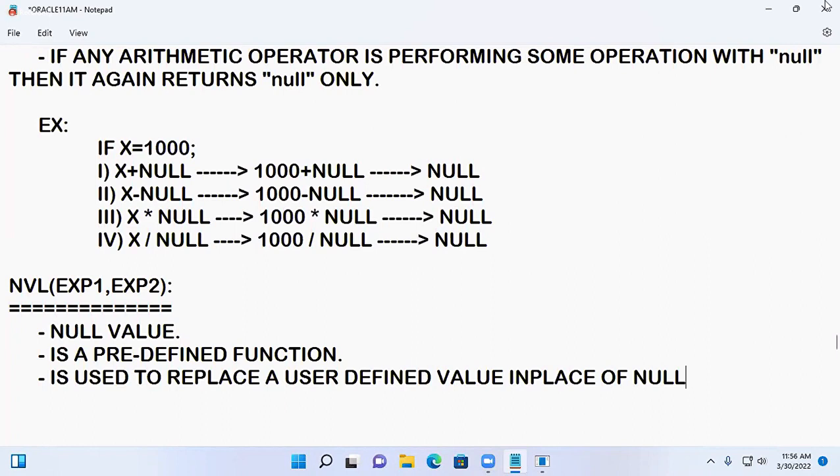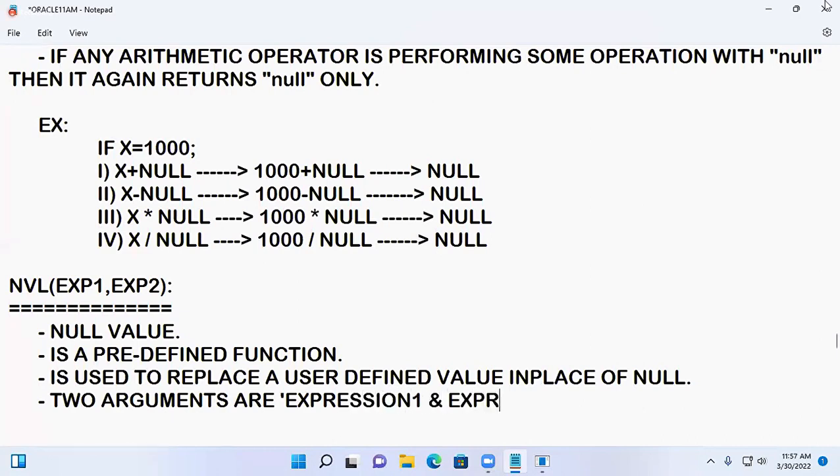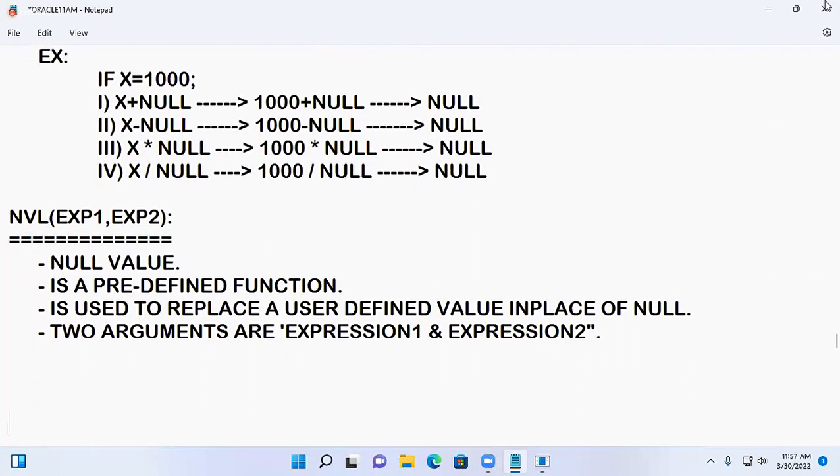So there you have to use the NVL function. And how many arguments does it have? Two arguments. The first argument is called expression 1, and the second argument is called expression 2.